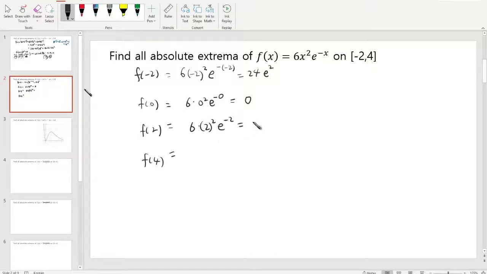So that's 24 e to the -2. And then finally, 6 times 4 squared e to the -4, and that's a big number. 16 times 6, that's 96 e to the -4.